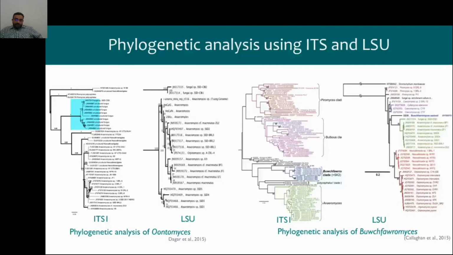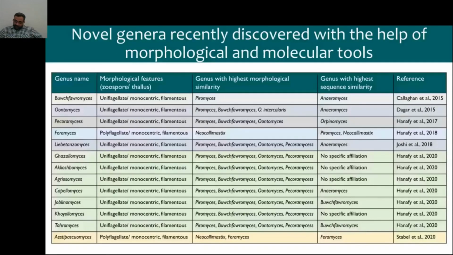Later on, the phylogenetic analysis using both ITS and LSU regions also showed clear-cut clading of our strains and helped us publish these two as novel genera of anaerobic fungi.